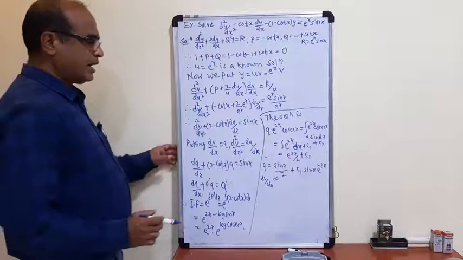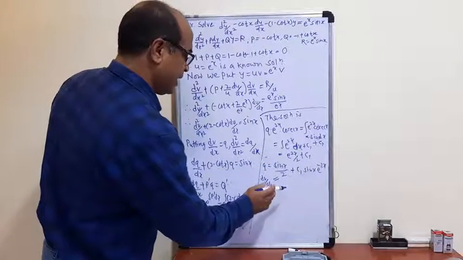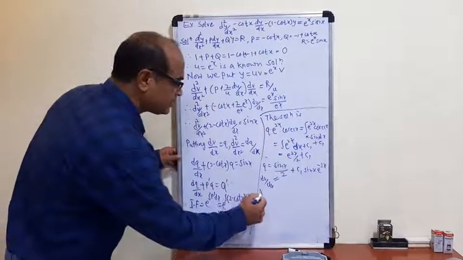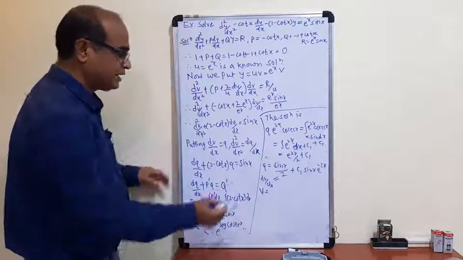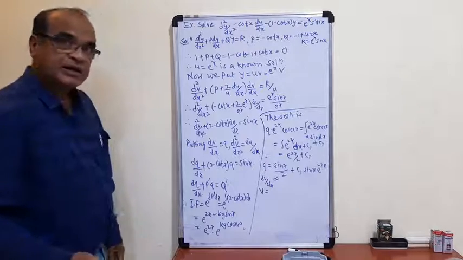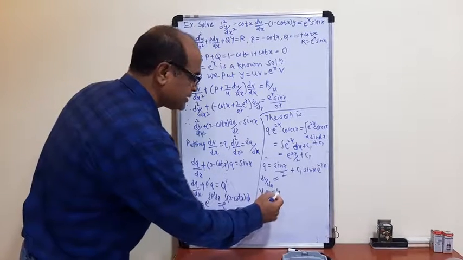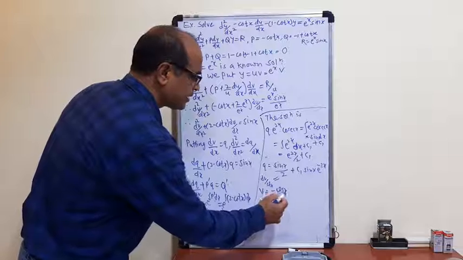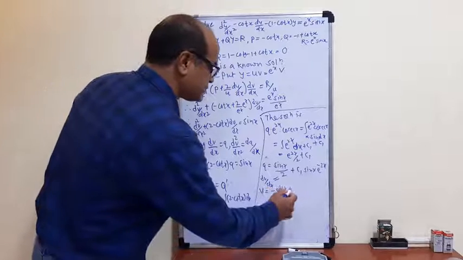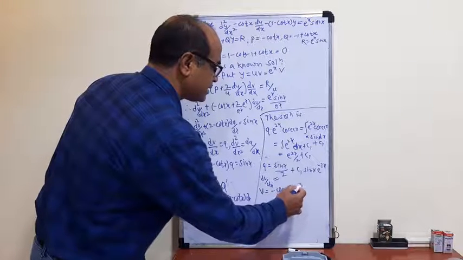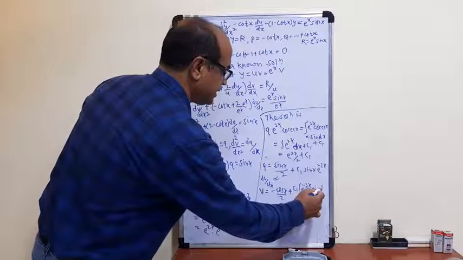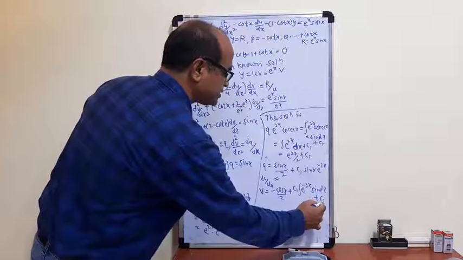So dv by dx is this here. Now integration. So v is equal to the integration of dv. What is the integration of sin x divided by 2? The integration of sin x is minus cos x, so minus cos x divided by 2, plus c1 times the integration of e raised to minus 2x sin x dx, plus c2.